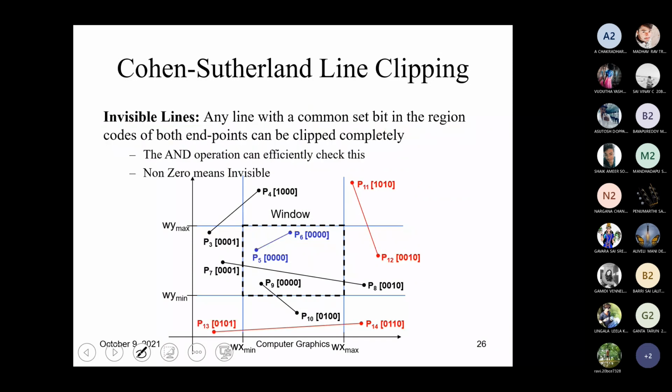Next step is to find the invisible line. We have 3 cases: visible line, invisible line, and clipping case. For the second case, any line with a common set bit in the region code of both endpoints can be clipped off completely. Just see here, this line is outside the window altogether, not only outside but very far away from your window.